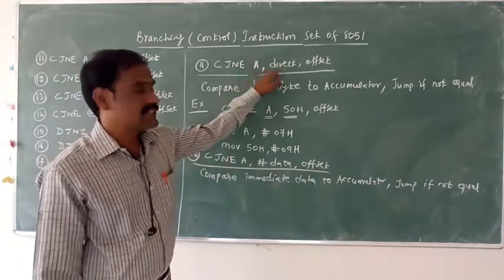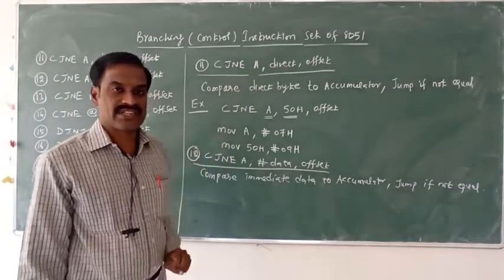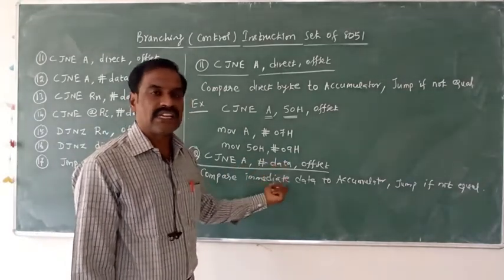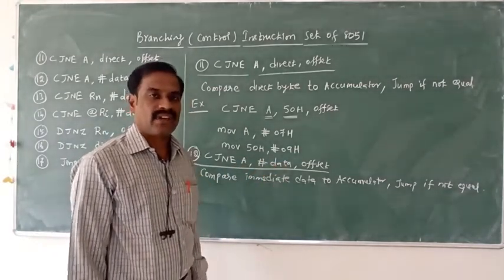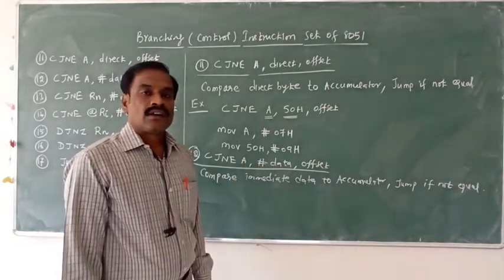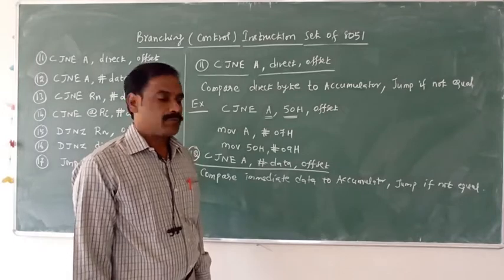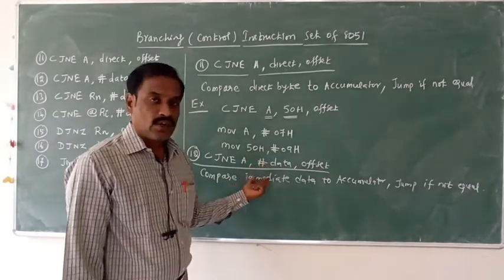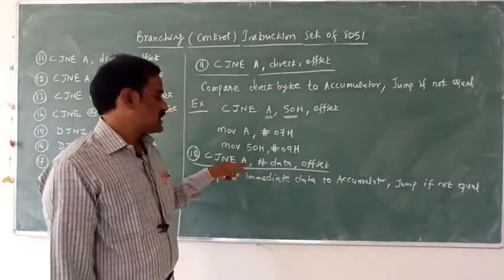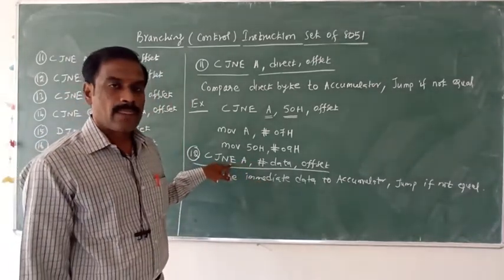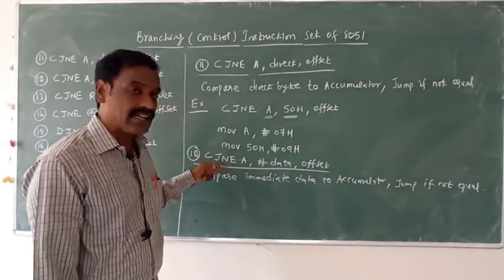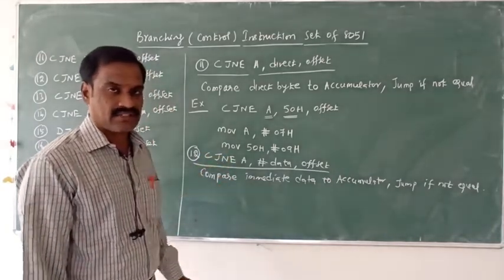Here the accumulator is compared with the direct memory address location data. Here the accumulator is compared with the immediately given 8-bit data. Now to check both data equal or not. If both data are equal, this condition will be unsatisfied. Unsatisfied means execute the next memory address location.